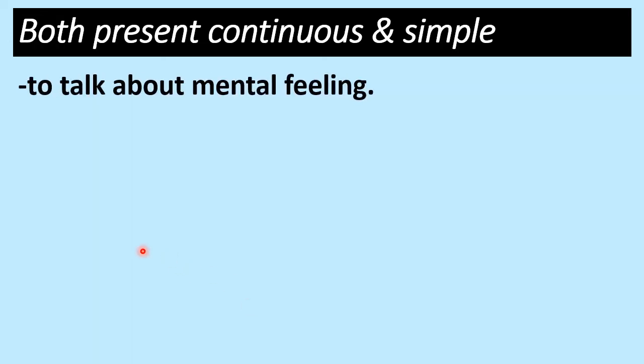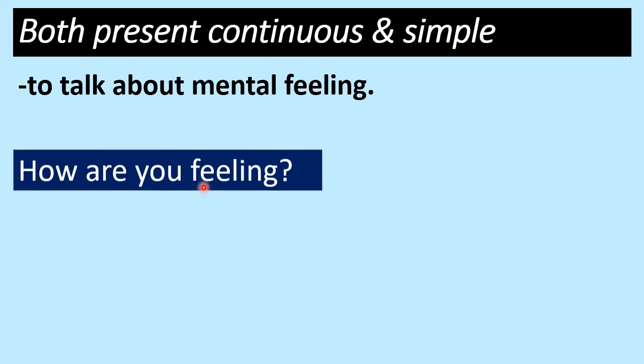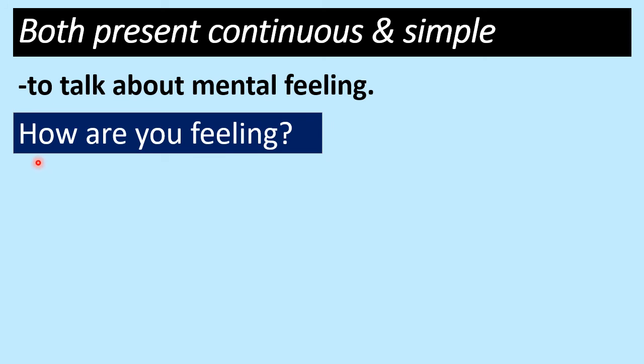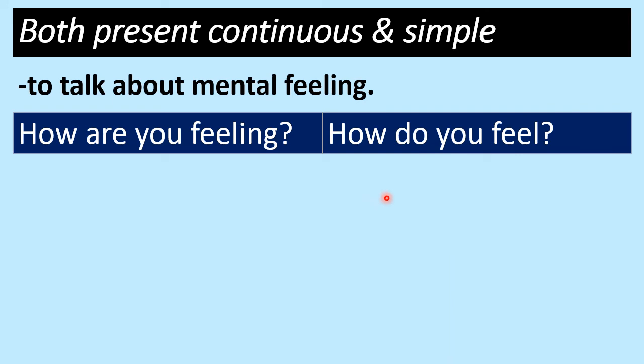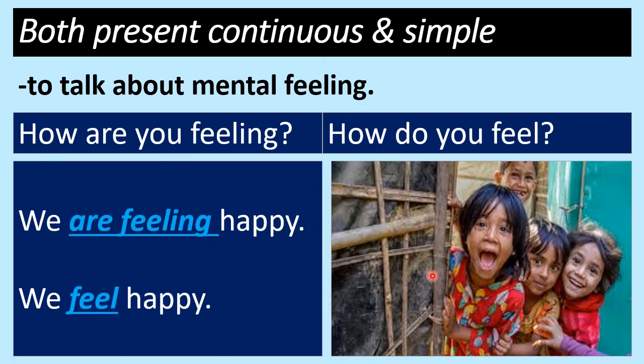We also use present continuous form to talk about mental feelings. Here we can use both present continuous and present simple. Look at the example. How are you feeling? Another sentence. How do you feel? Both are correct. Look at the picture and look at the example.